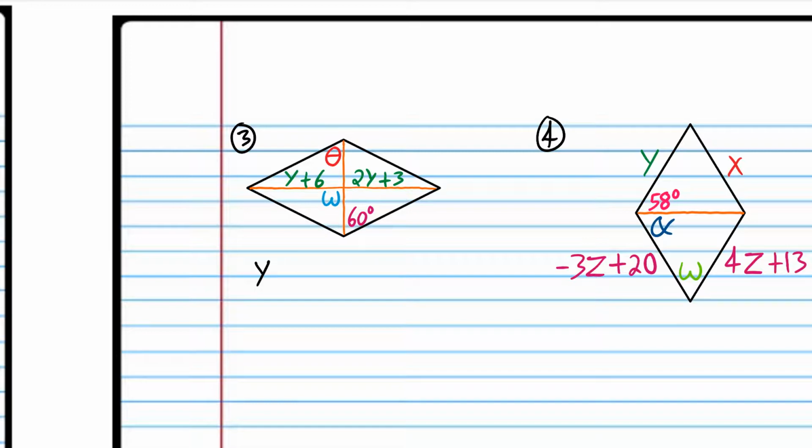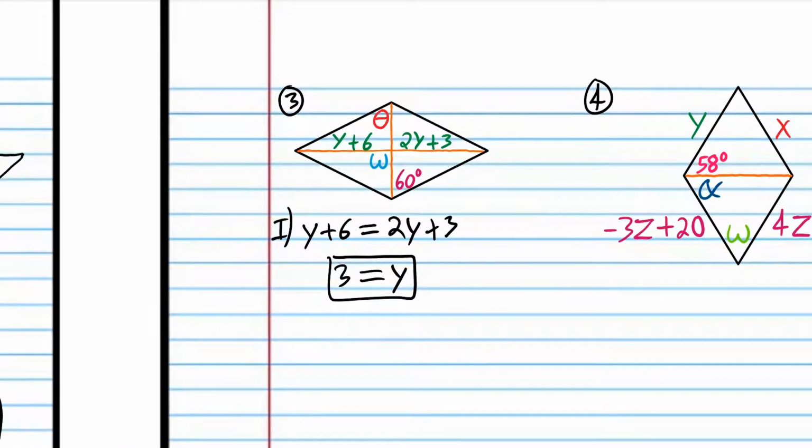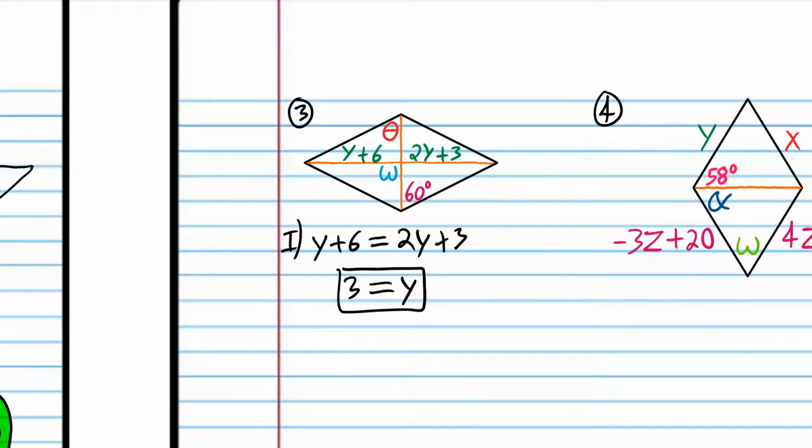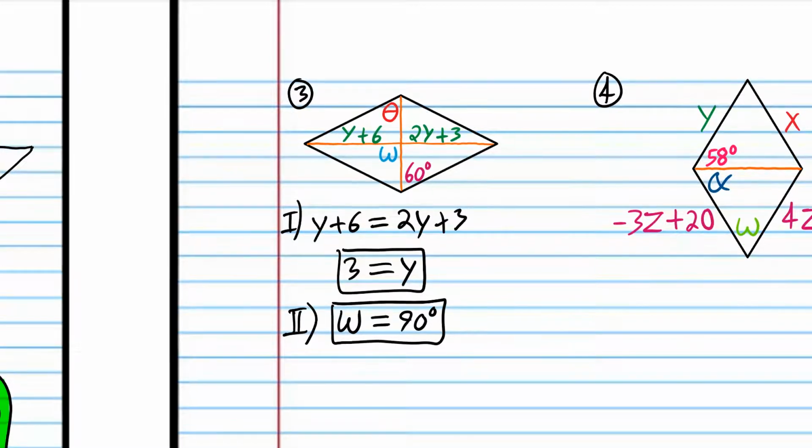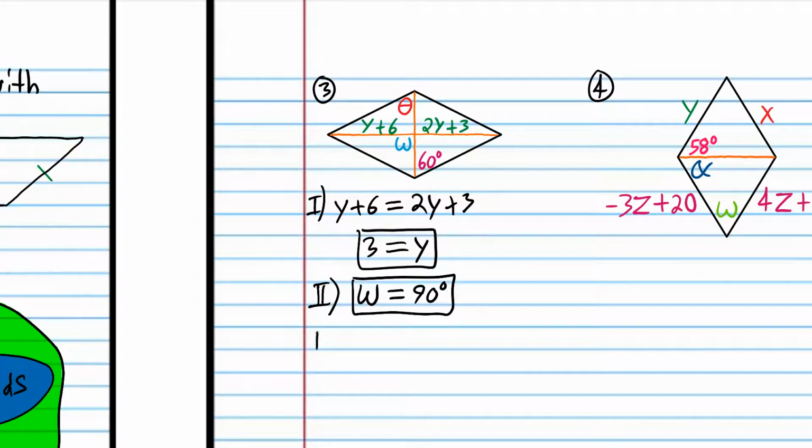So that means that y plus 6 is equal to 2y plus 3. Just do the algebra on that, and we get y is equal to 3. Now, omega, that is equal to 90 degrees because we learned that first theorem. That was our first theorem of the day, that diagonals of a rhombi are perpendicular.